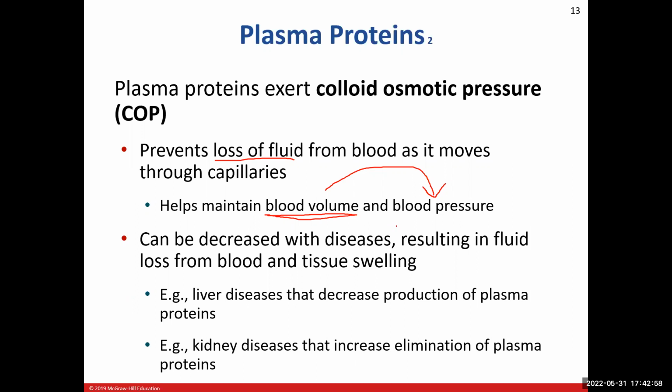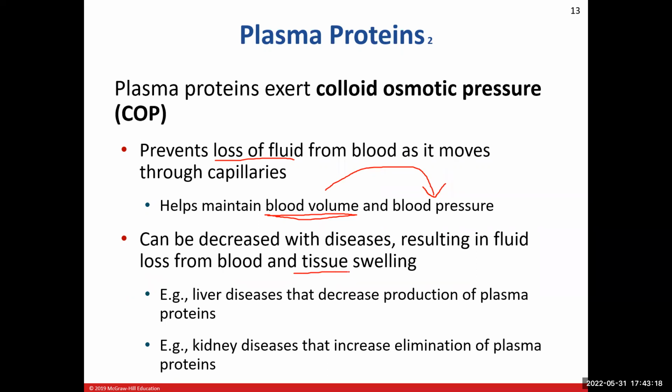So as a result of some of these proteins leaking out of the capillaries, they'll leave the capillaries and move into the tissues. And when they do that, water follows.